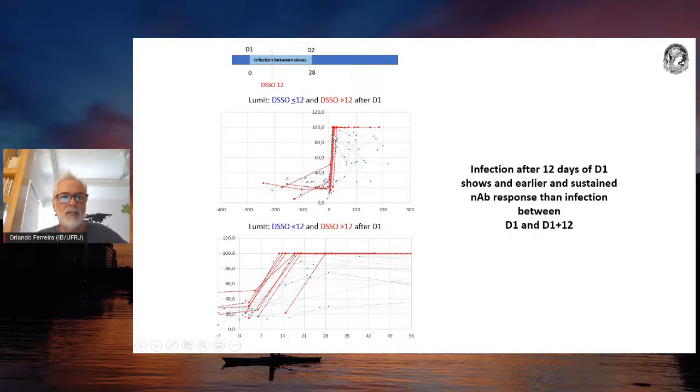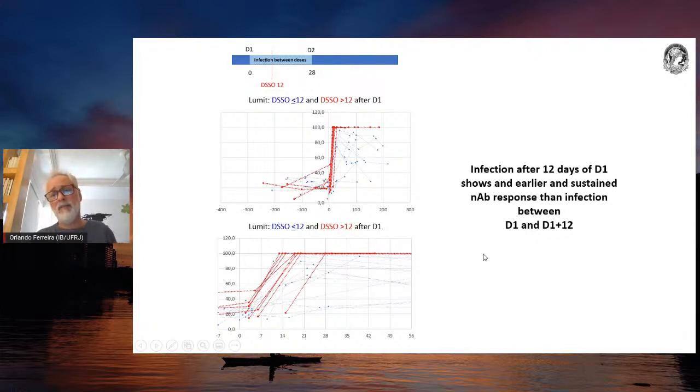The red is the infection that occurred after day 12, and the blue lines represent individuals that got infected before day 12. Those individuals don't have a complete neutralizing response, and this is just a close-up view of this figure.